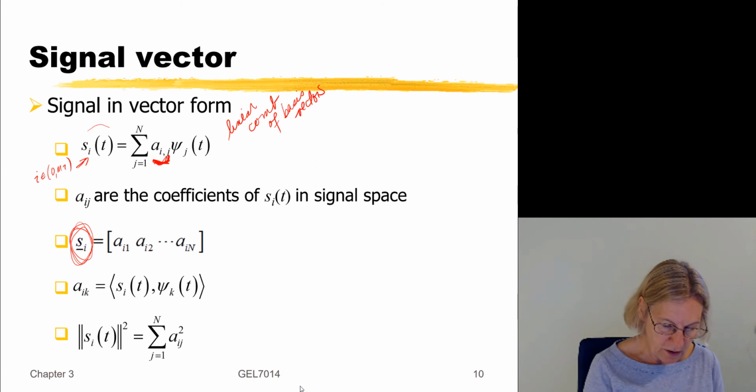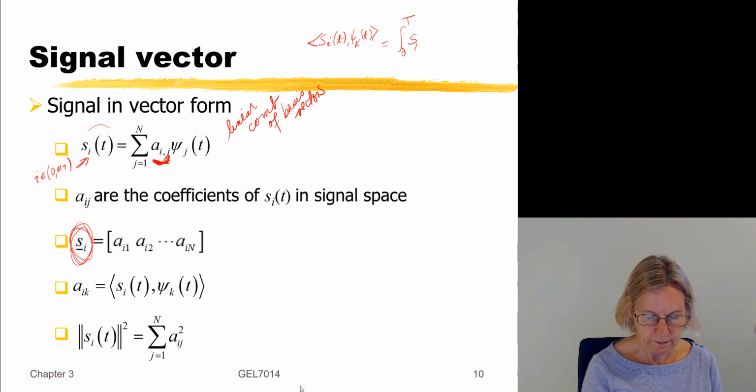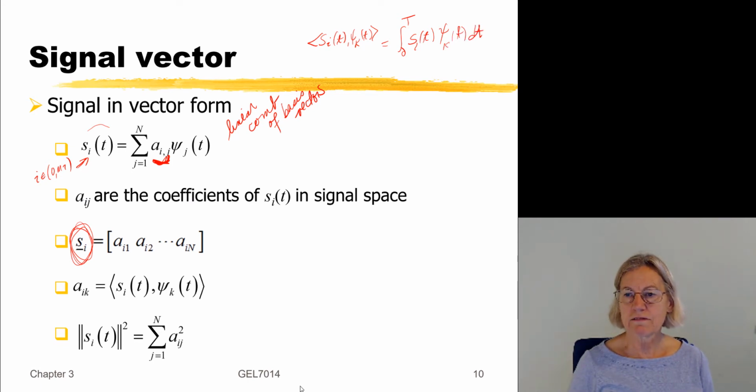And remember, the inner product of the signal and the basis vector is just an integral. So if I know the time functions, which are my basis vectors, and I know the symbol waveform, then I just calculate this inner product, I get a number, and that becomes that coefficient. And then I move on to the next basis vector.